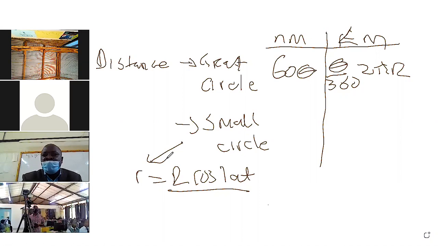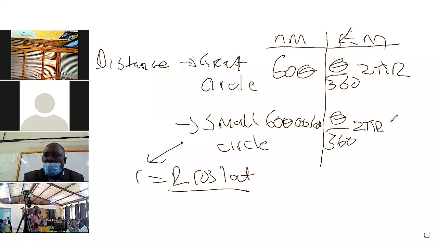So for the small circle, it goes to 60 theta cosine of the latitude. Instead of using theta, since theta is already coming up, use the word latitude: 60 theta cosine of the latitude. The same applies in kilometers: theta over 360, 2 pi r cos of the latitude. So you use it when you are getting the distance along a small circle.